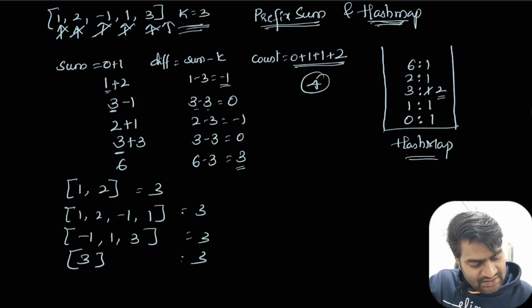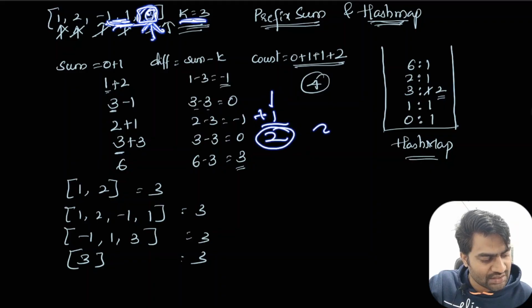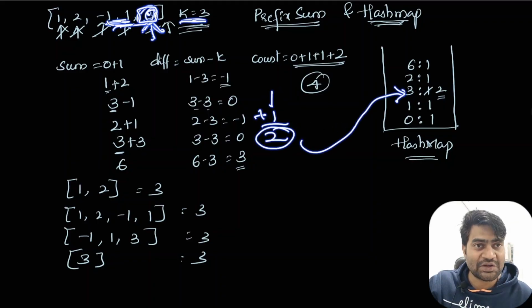Till this point, these two numbers won't contribute because their sum won't be equivalent to this k. Whenever I end up at this particular number, only then they will contribute to a subarray with this sum. So 3 alone is 1, then along with these two numbers again 1. That 2 count is given by this particular value.